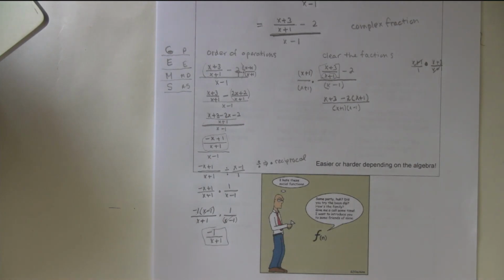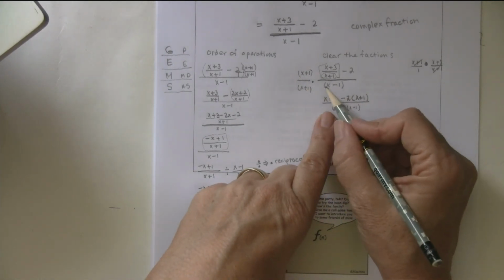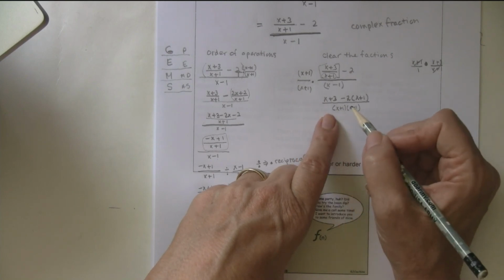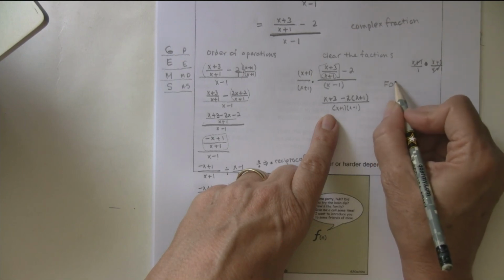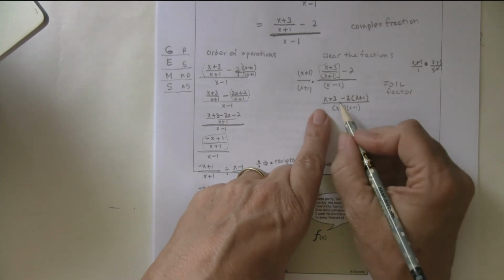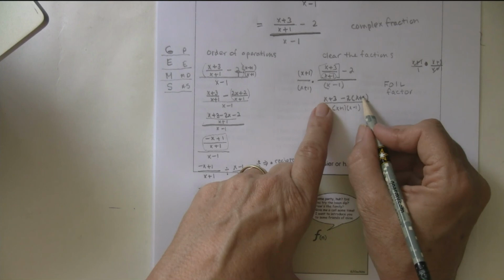And the reason I'm not going to FOIL it all the way out is my hope is that it will reduce with the numerator. And the only way that it would reduce with the numerator is if I factored this. So if I FOIL this together, then I will have to factor it, and then it will be this when I factor it. So I would be kind of chasing my tail if I FOILed it, because I would FOIL, then have to factor, right?